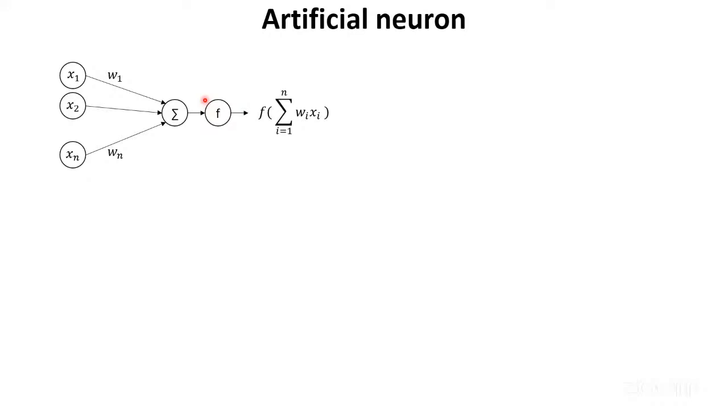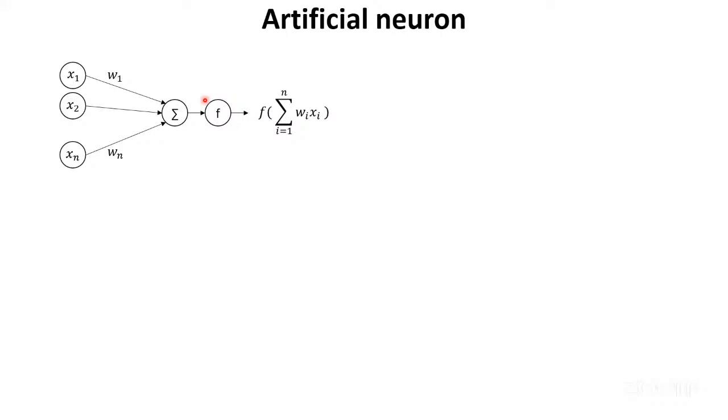Various functions are used. In the older works on machine learning, we used the sigmoid function, and nowadays we use the rectified linear unit, or ReLU, which turns out to be easier to work with and often gives better results.